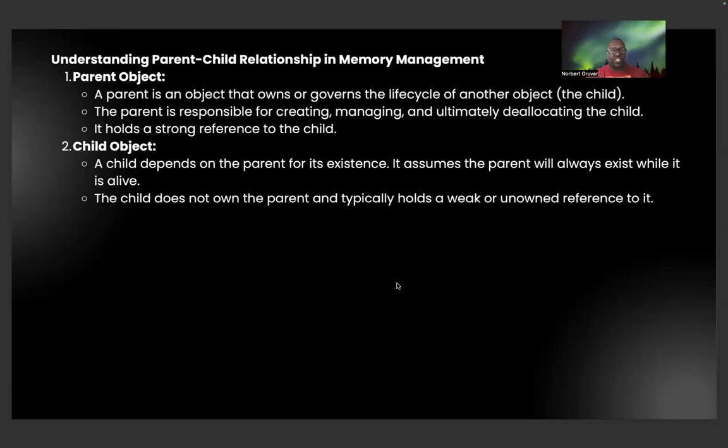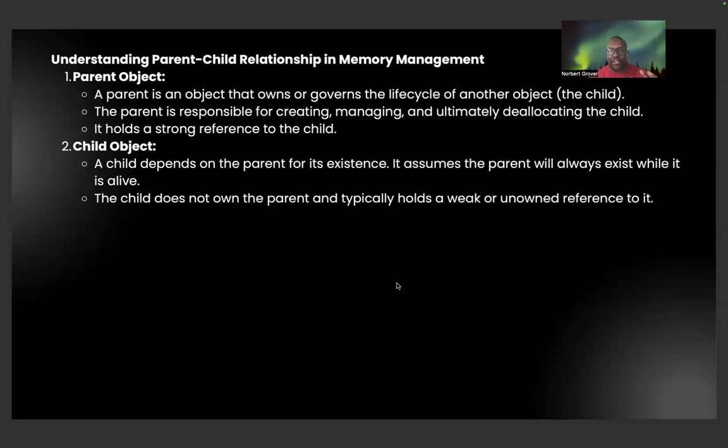The parent is responsible for creating, managing, and ultimately deallocating the child. It holds a strong reference to the child. The child depends on the parent for its existence. It assumes that the parent will always exist while it is alive. The child does not own the parent and typically holds a weak or unowned reference to it.